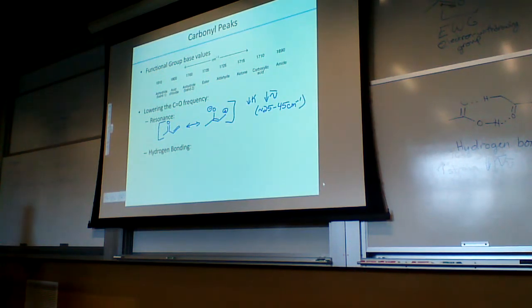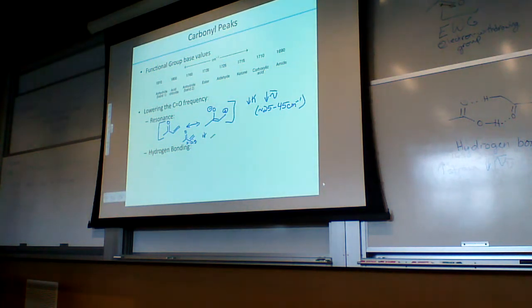When you have this kind of setup, you may also see two different bands, because you can have what we call an S-cis conformation and an S-trans conformation. And you may see signals from both of these showing up within the molecule.